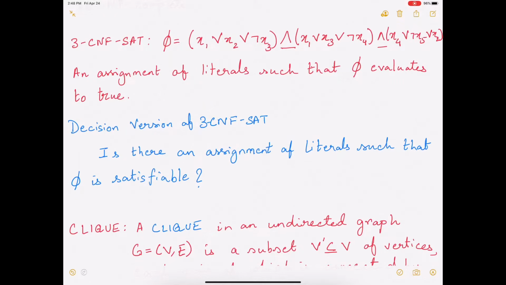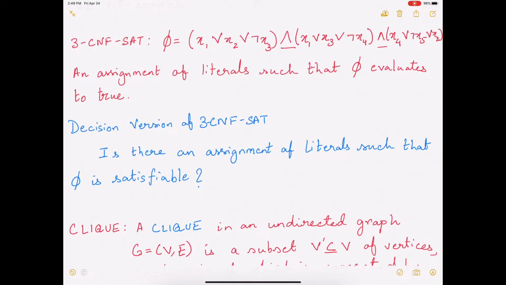So now that we have recollected what 3CNF SAT is, let's find the decision version of this problem. In the decision version, we are going to answer a yes or no question. The question is: is there an assignment of literals such that phi is satisfiable? The goal here is not to find that particular assignment.